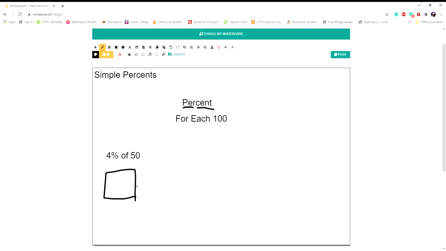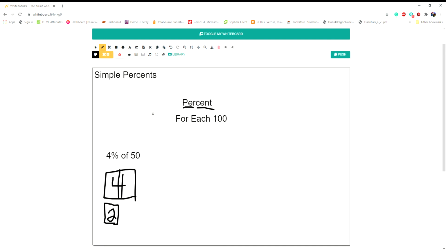Well, 50 can make 100 2 times. So I'm going to take my box I drew and split it in half. So now I know the whole box is worth 4. But what is half a box? Well, what's half of 4? 2. So 4% of 50 is 2.